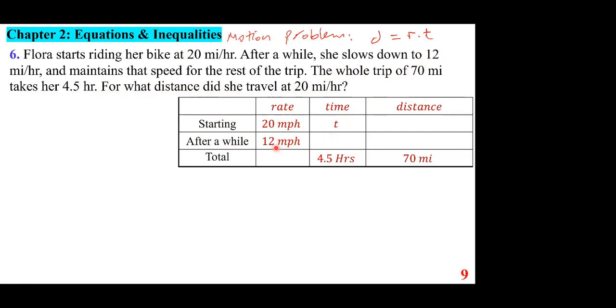And the 12 miles per hour, we don't know, but we do know the total is 4.5 hours. And we know the total distance was 70 miles. So we let T be the time for the 20 miles per hour case.